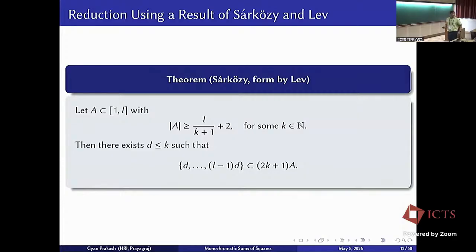The common difference is bounded by the density, and this 2K plus 1 A contains multiples of D. Okay. So now let me draw a certain corollary from this result, which is due to Hegyvari and Hennecart, which they used in their paper, and which will transform the problem, as I mentioned, of showing intervals to the dense set.